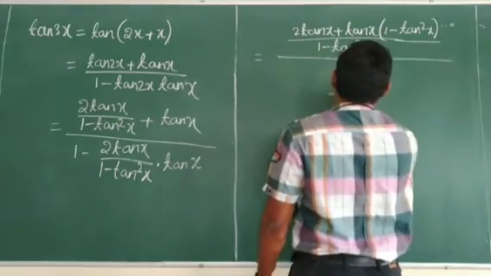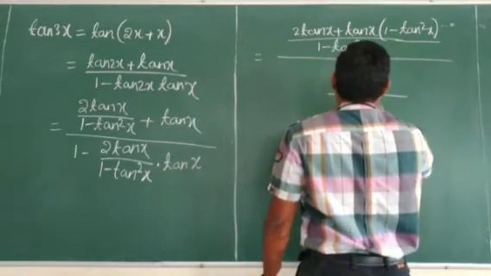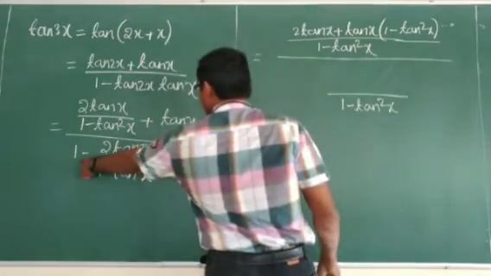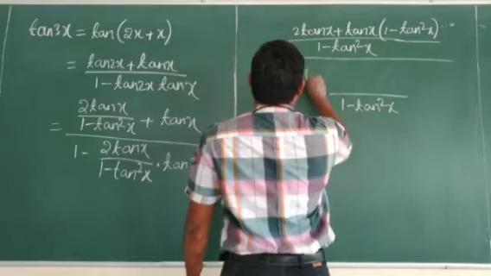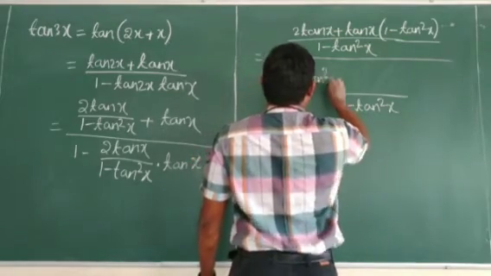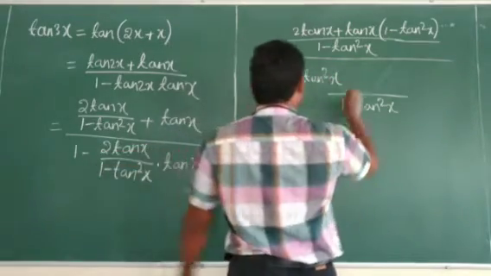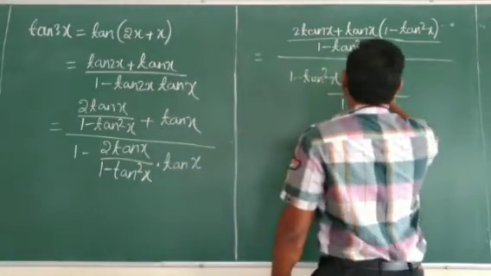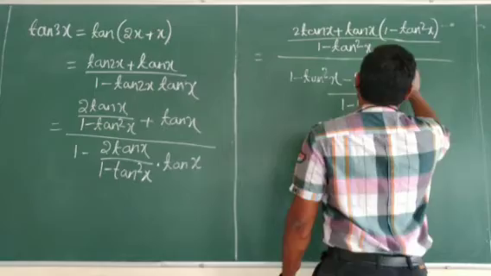In the denominator, again LCM is 1 minus tan square x, so here we get 1 minus tan square x minus 2 tan x into tan x, minus 2 tan square x.